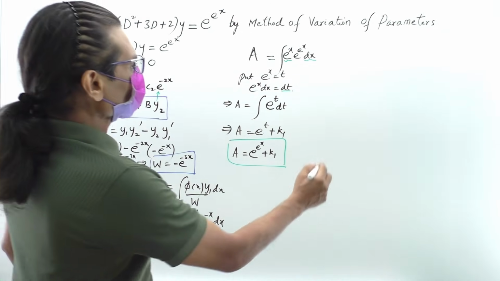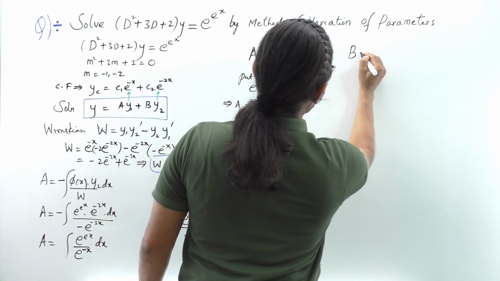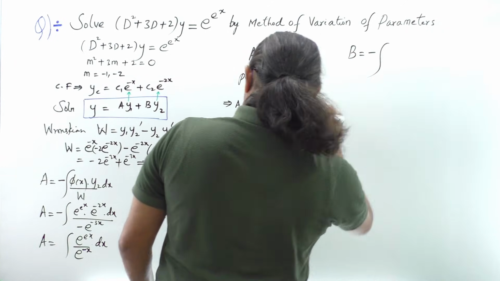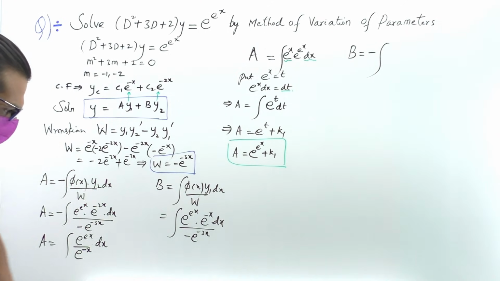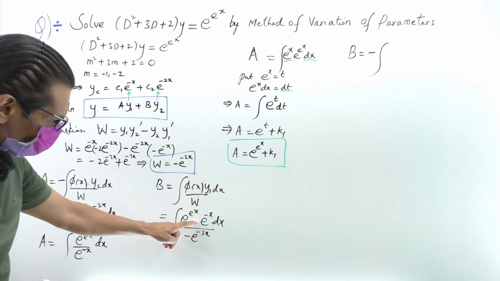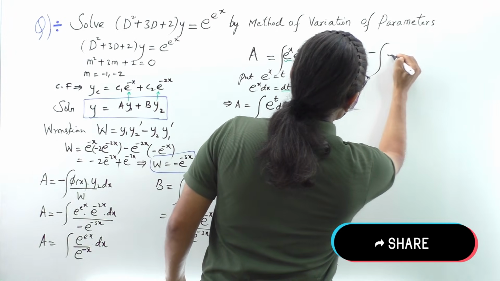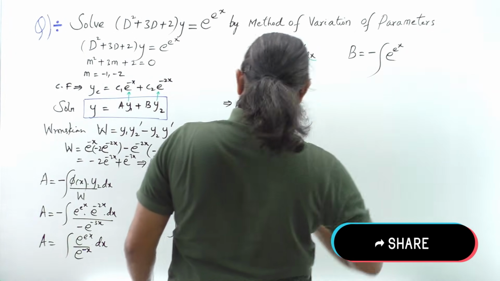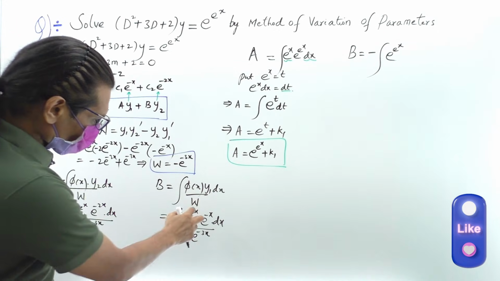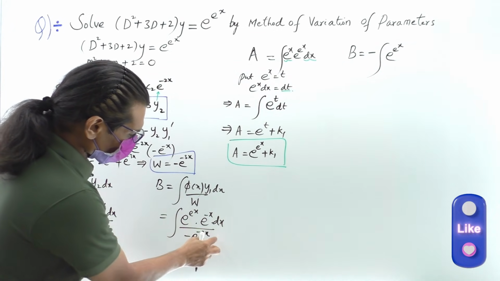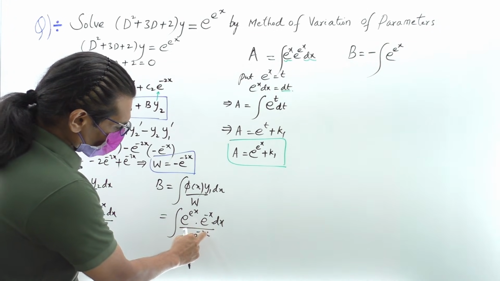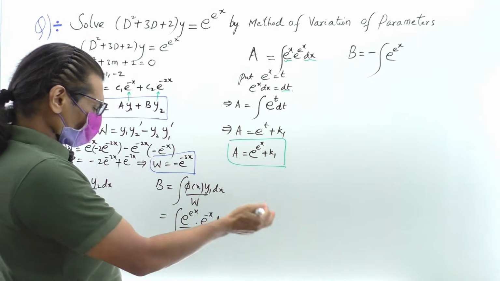So here b will be, minus sign will come outside because minus plus over minus is minus only. Okay, and see, e raised to power e raised to x as it is, and if I bring this e raised to minus x down, it becomes e raised to plus x. So e raised to minus x over minus 3x plus x is e raised to minus 2x.